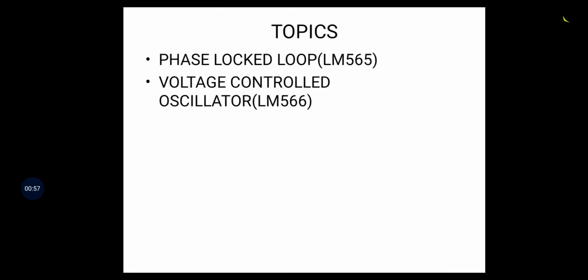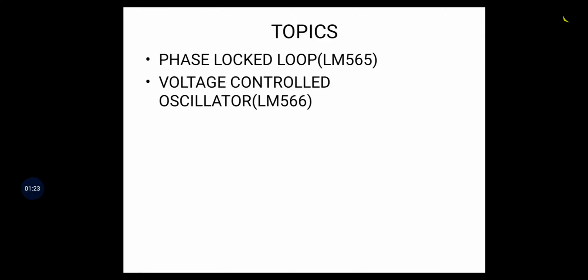The IC number for phase locked loop is LM565. Next we are discussing voltage controlled oscillator. The IC number for voltage control oscillator is LM566.